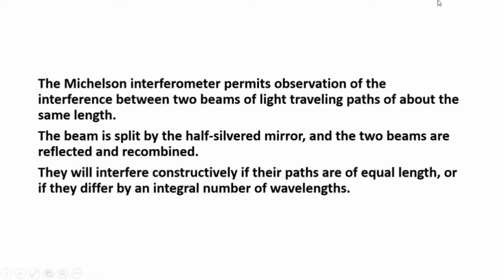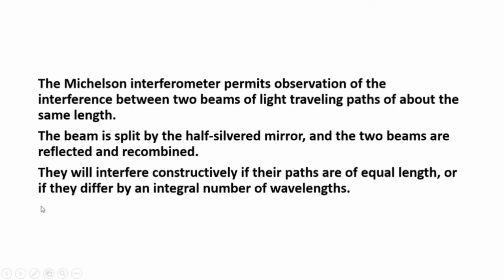The Michelson interferometer permits observation of the interference between two beams of light traveling paths of about the same length. The beam is split by the half silvered mirror and the two beams are reflected and recombined. They will interfere constructively if their paths are of equal length or if they differ by an integral number of wavelengths.